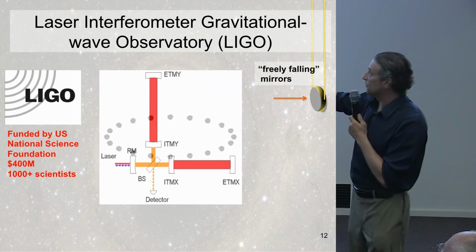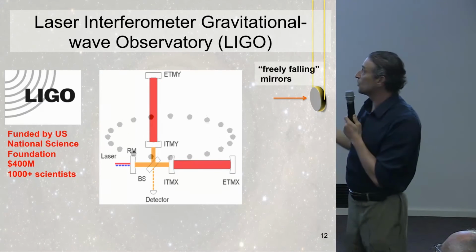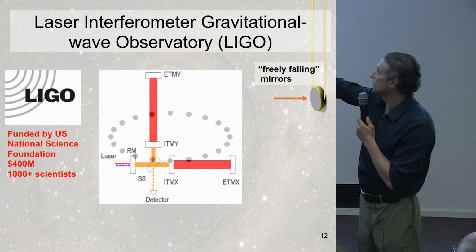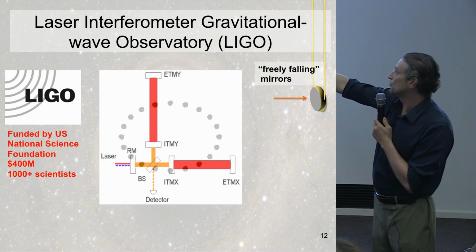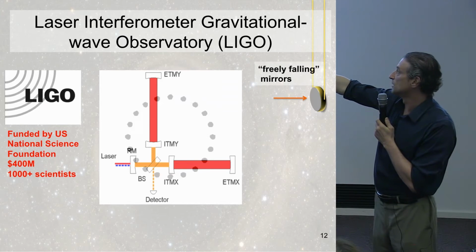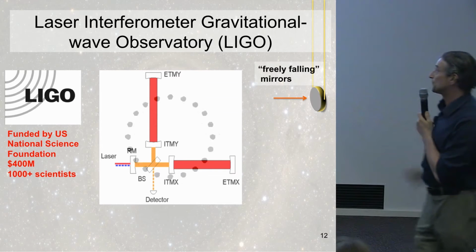Now, when a gravitational wave comes, it changes the length of these arms in opposite directions. You see, when this arm becomes longer, then the perpendicular arm becomes shorter, and then the other way around. So this oscillating ring is displaying this.